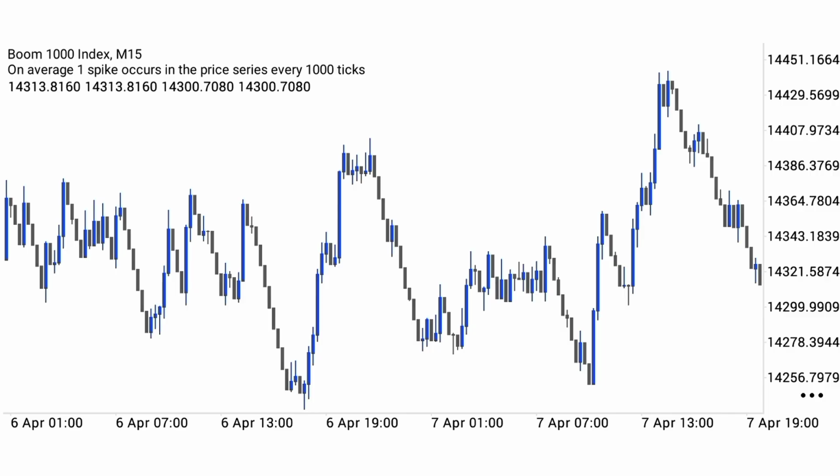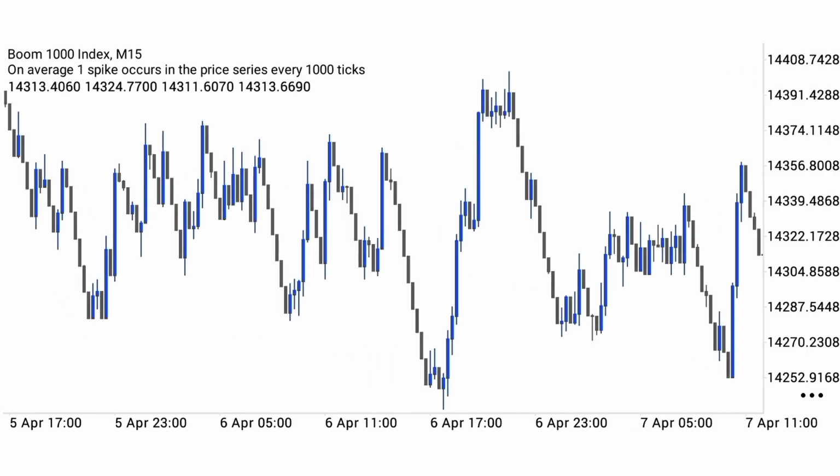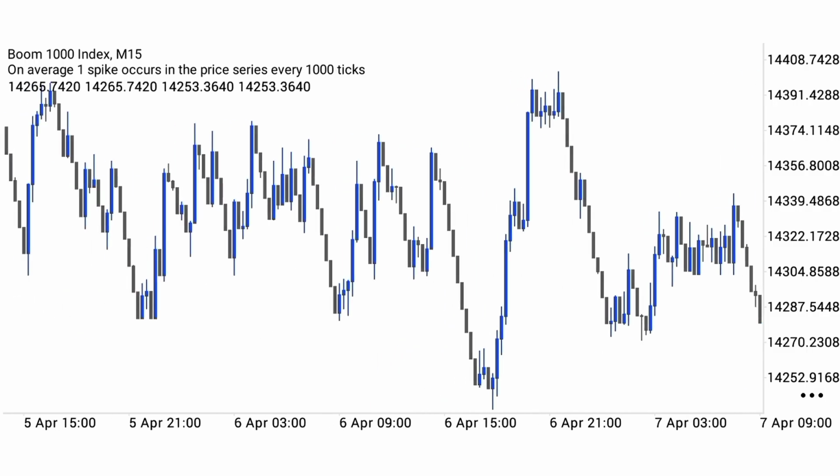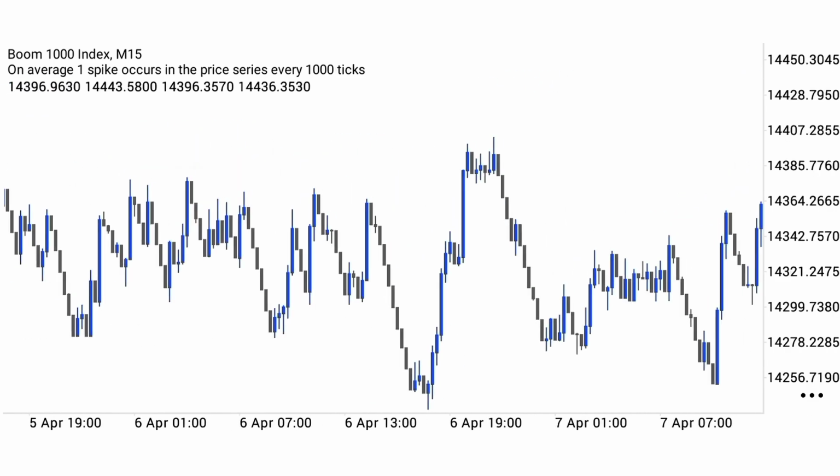You can have one long spike and you are good for a whole month if you used a reasonable lot size to trade. So that is why the boom and crash are really desired among traders, and everybody wants to trade the boom and crash.